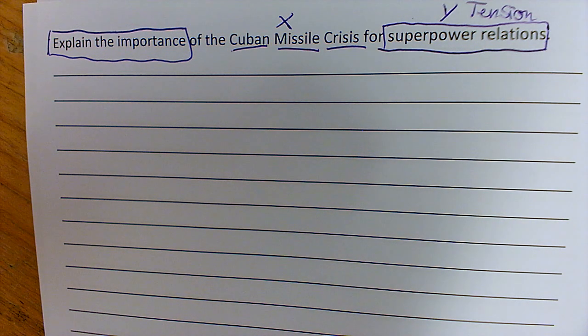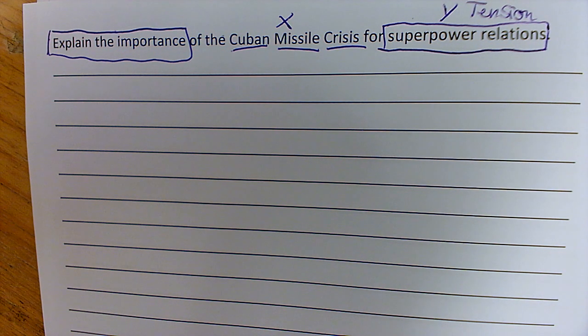In most cases in the exam, they're basically asking you about tension. Superpower relations, the relationship between the Soviet Union and the USA, the development of the Cold War. All of those are stock phrases which they use in this question, which effectively refer to tension, either getting better or worse, depending on the event. Out of the 3 options, there will usually be 2 that are pretty much about tension.